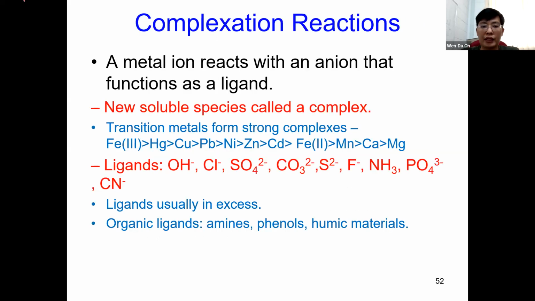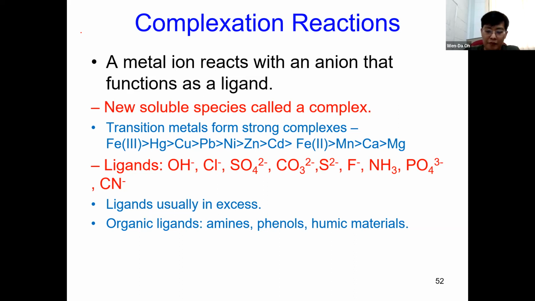One of the most important reactions in the environment will be the complexation reaction, which is the reaction of metals with your ligand to form a complex. Complexation itself is concerning because if you have complexation of heavy metals, you can change the characteristics of the heavy metals.